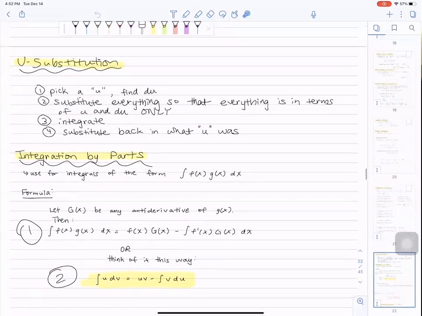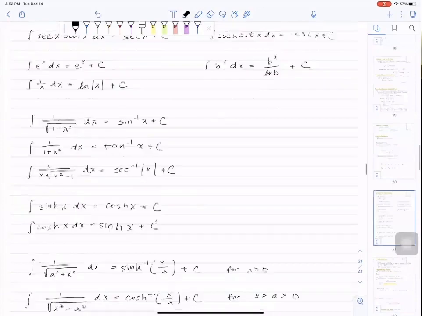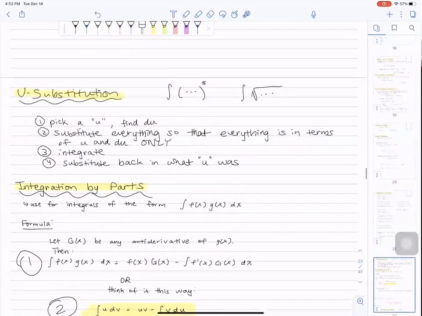If you have an integral and you see a parentheses to some exponent, with some complicated thing inside, u might be this thing in your parentheses. u is also commonly whatever's under your square root. How else do you find u? You want to pick a u so that its derivative you can find somewhere else in your expression.